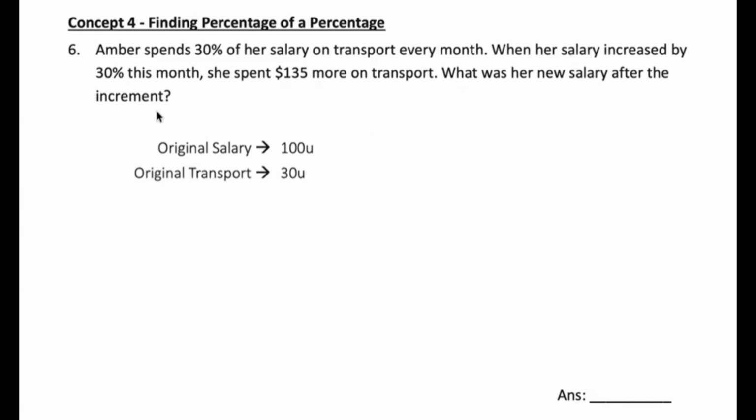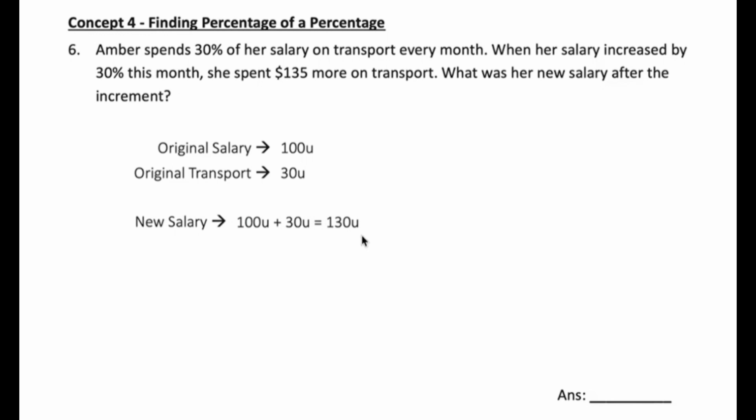Now, her salary increased by 30%. So original is 100 units. If increased by 30%, her new salary will be 100 units plus another 30 units. So 130 units will be Amber's new increased salary.